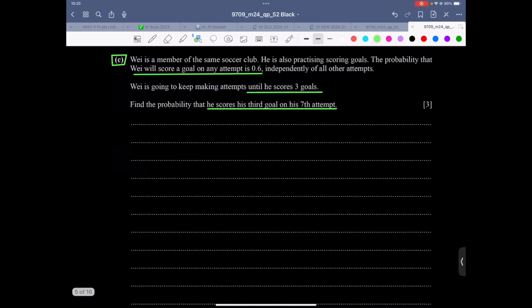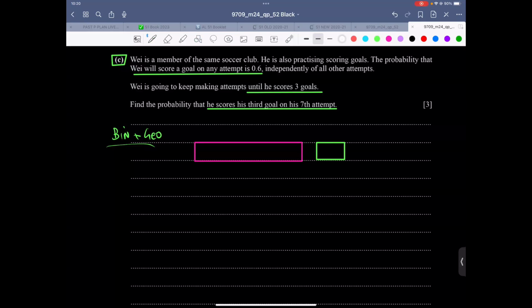Now, very nice question. Because it is a combination of binomial and it is a combination of geometric. How come? Let me draw a box. First of all, this box is for the first 6 attempts. And this greenish box, this is for the last attempt.